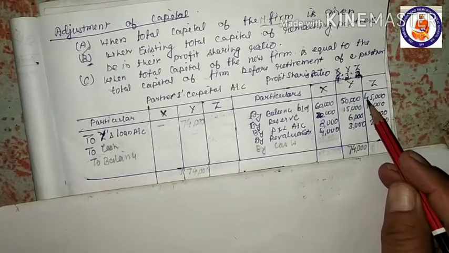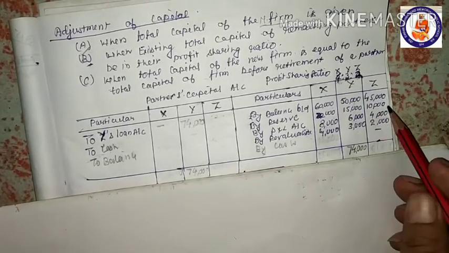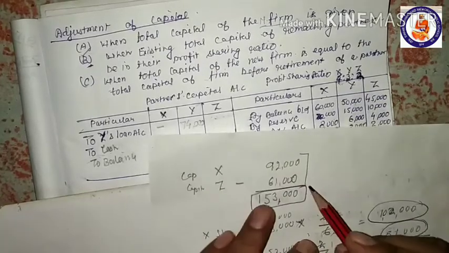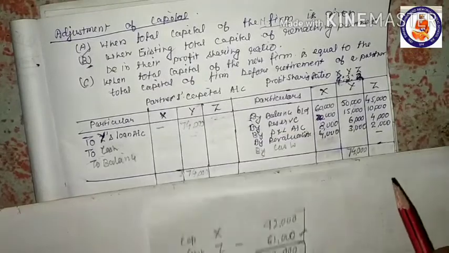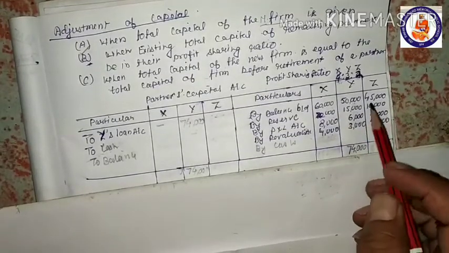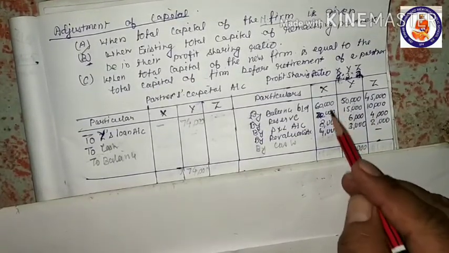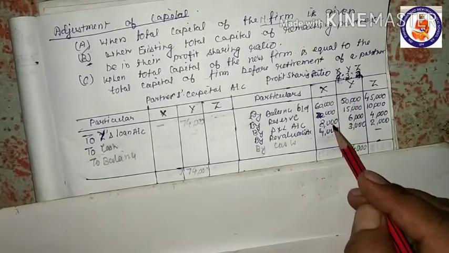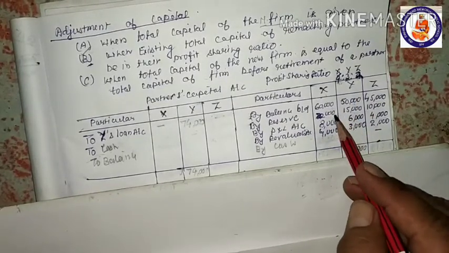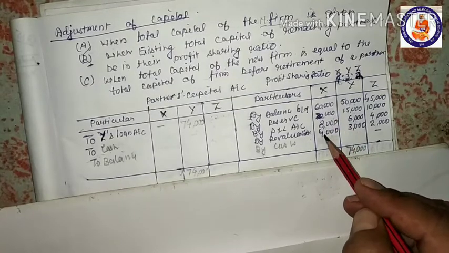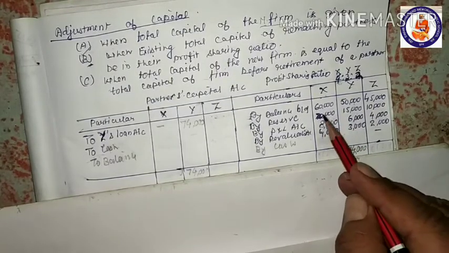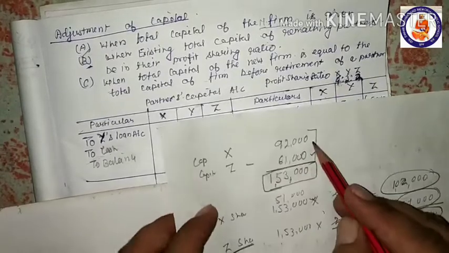Z's capital is 61,000. Because Y is retiring, X is the existing partner, and when we total up X's side, it is 92,000.